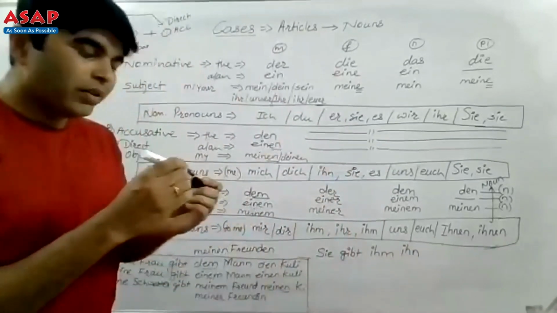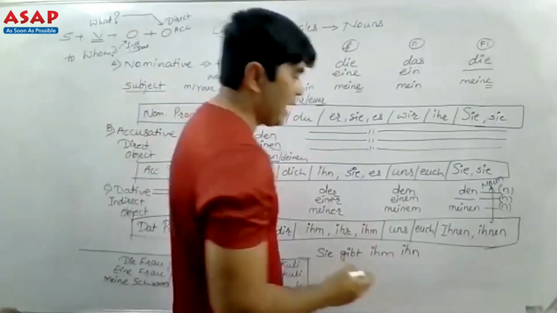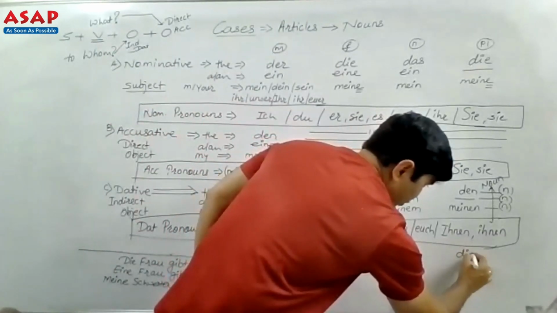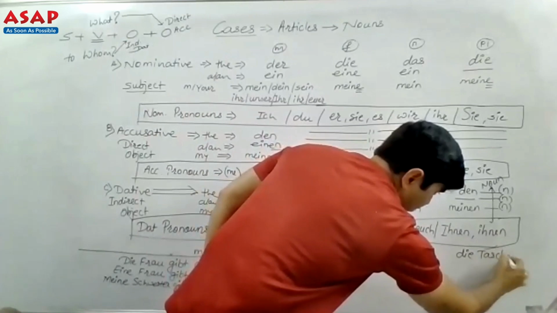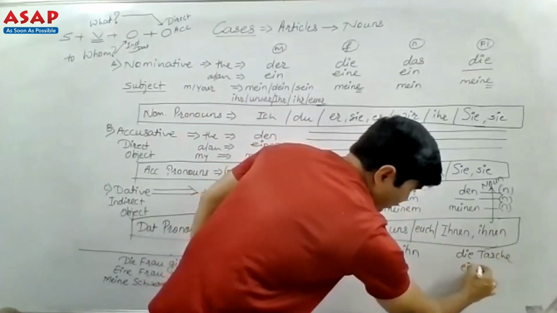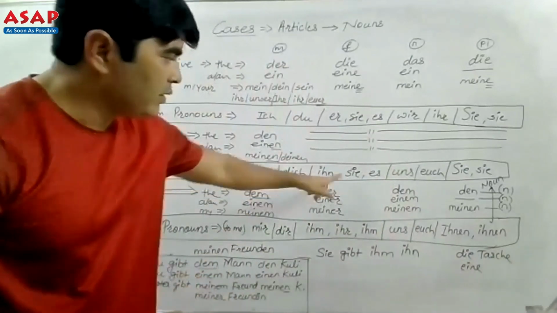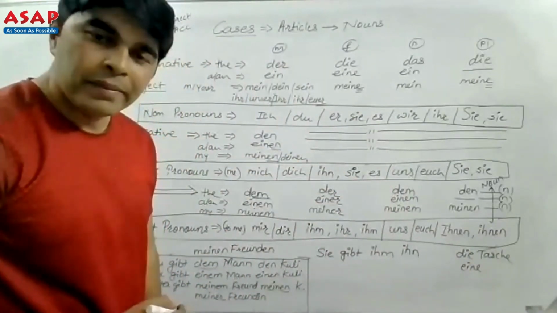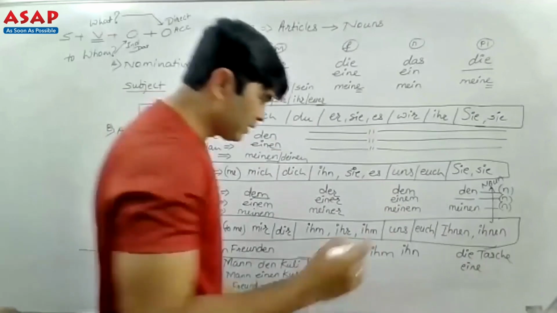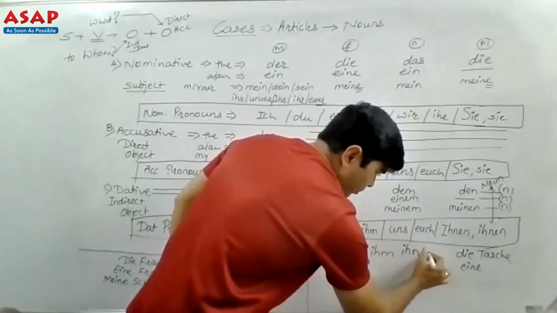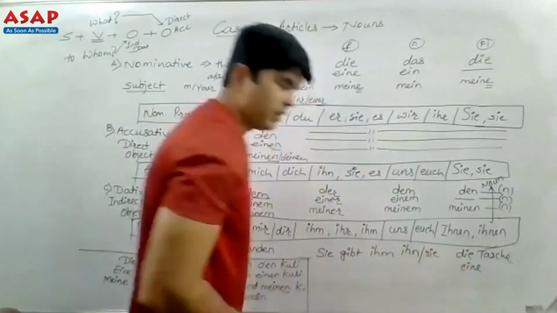ihn. If instead of pen, you use the word bag, that is die Tasche. Okay, so what will you use for the bag then? E, Z, or S? Sie. Okay, exactly. So instead of ihn for the bag, you will use sie, right?